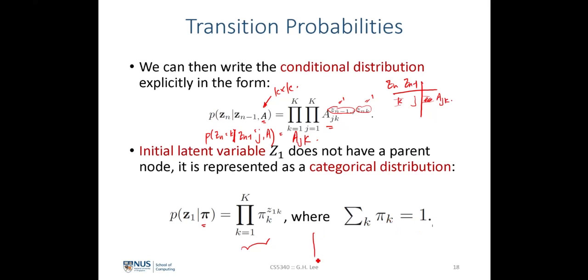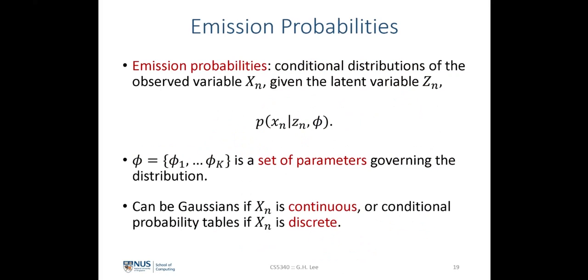So this is equivalent to saying that P of Z1 is going to take a certain distribution in the categorical distribution. So in this particular case, we have k here equal to 5, where k is going to take a state of 1, 2, 3, 4, or 5 over here. And all the probability values over here are going to sum up to 1.